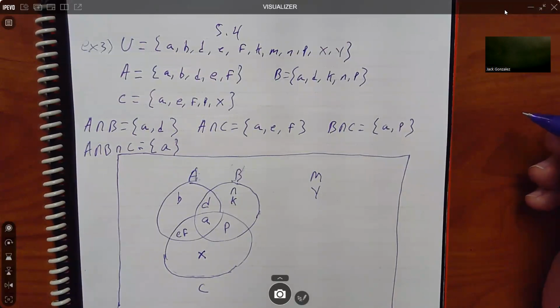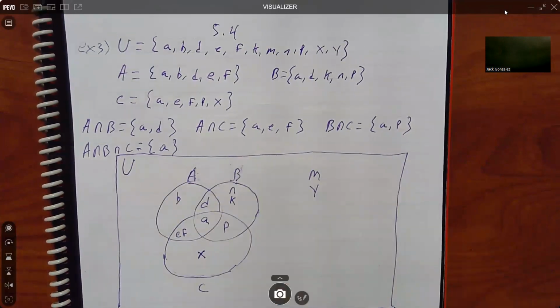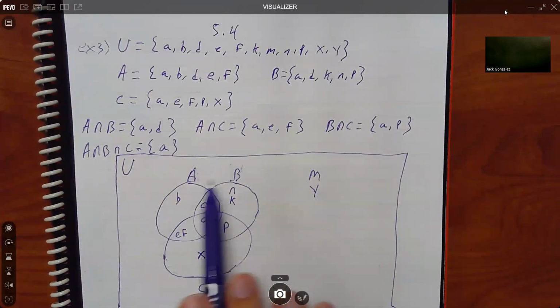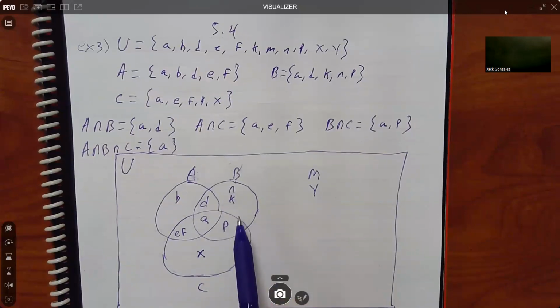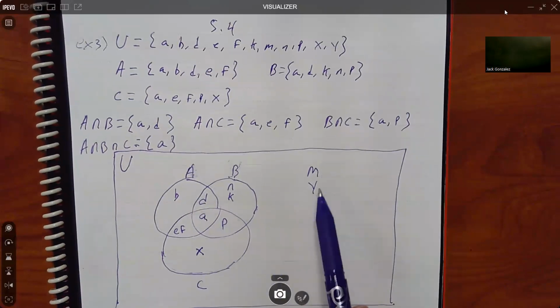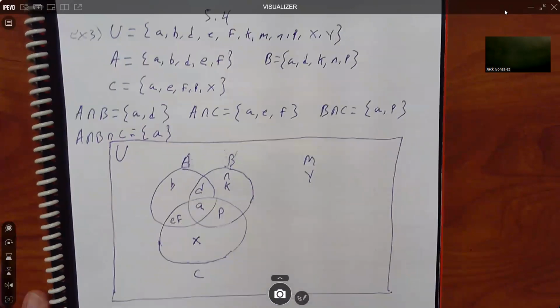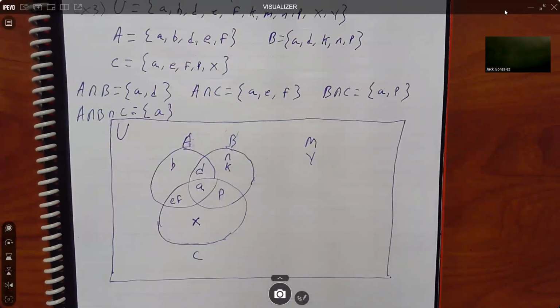So this is the big set U. A, B, C are living inside the U. These elements are inside those sets, but these two are outside. Does that make sense?